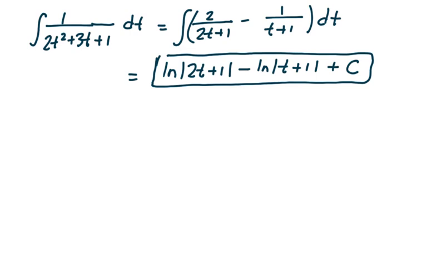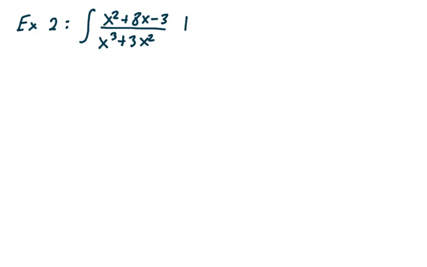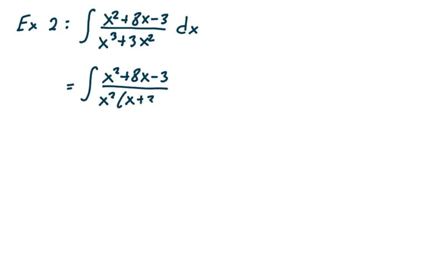I want to give you another one that involves partial fractions. And so we'll call this example 2. This is the integral of x squared plus 8x minus 3 divided by x cubed plus 3x squared dx. So this is the integral of x squared plus 8x minus 3 divided by x squared times x plus 3 dx.